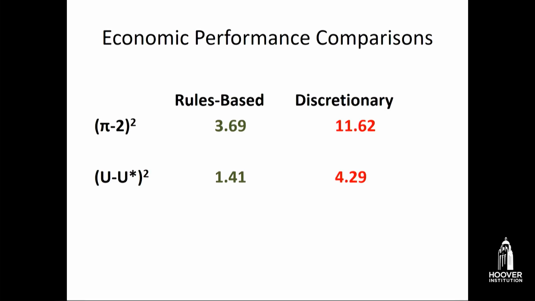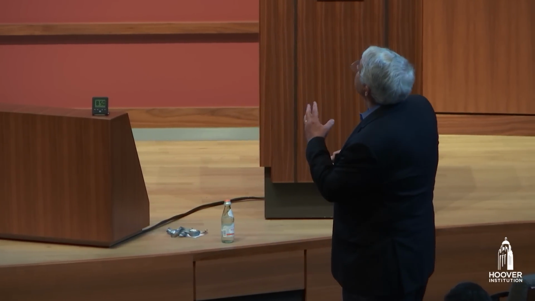And the second row is the deviations of unemployment from some normal level, U star, and 1.41 versus 4.29. So of course there's debate about this, but it's pretty clear there's some connection between the type of policy, whether it's rules-based or not, and the performance being much better for the rules-based policy. So that is when I say what works and what doesn't. I want to think of what works, rules-based, what doesn't, discretionary.